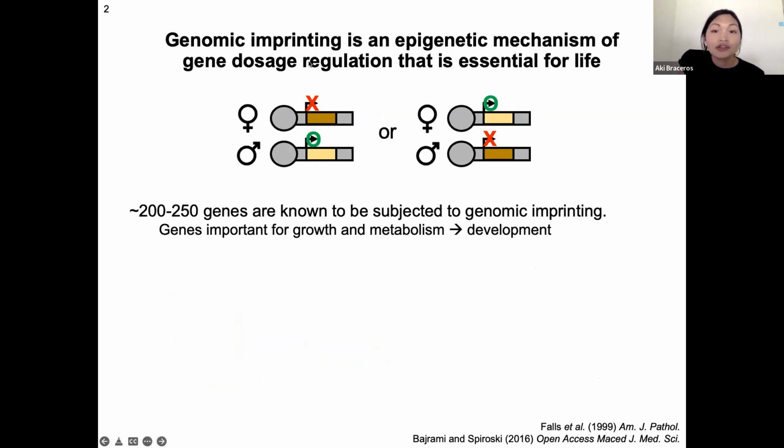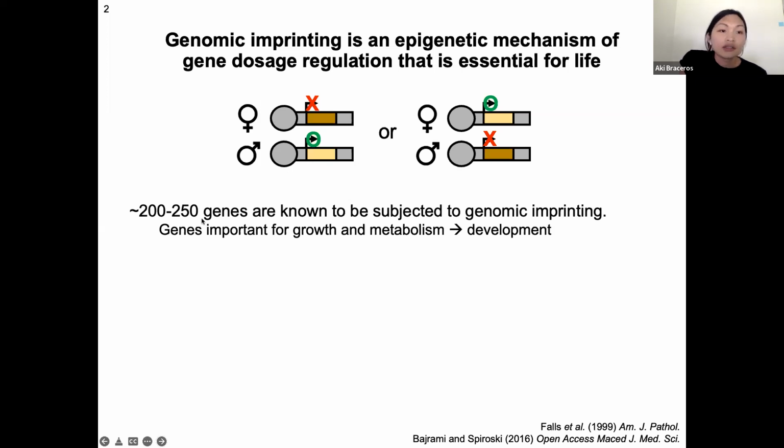Genomic imprinting is an epigenetic mechanism of gene dosage regulation that is essential for life. Here's a simple cartoon schematic of an imprinted gene in a diploid organism, where one of the two copies of the gene is preferentially and always expressed from either the paternally inherited chromosome, like on the left, or the maternally inherited chromosome, like on the right.